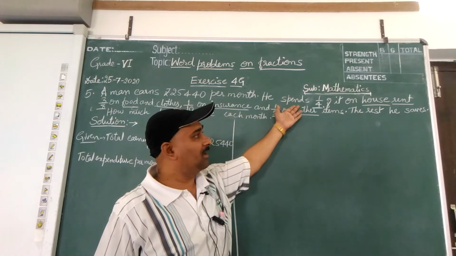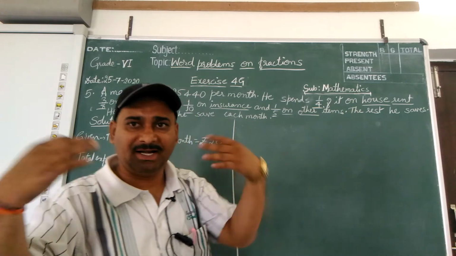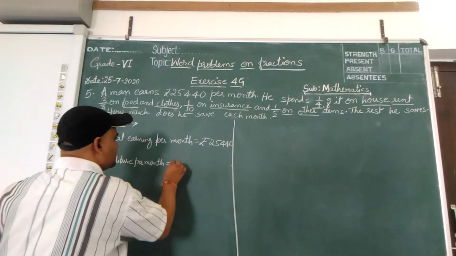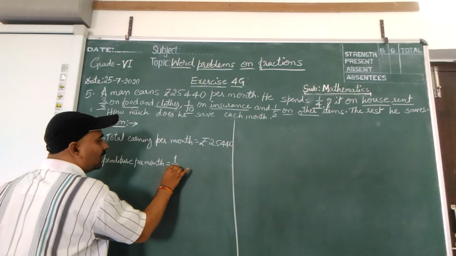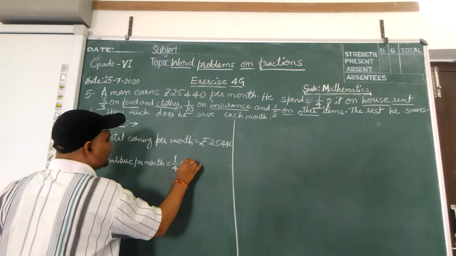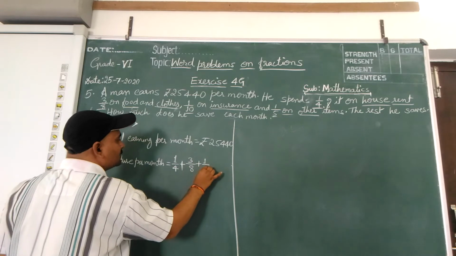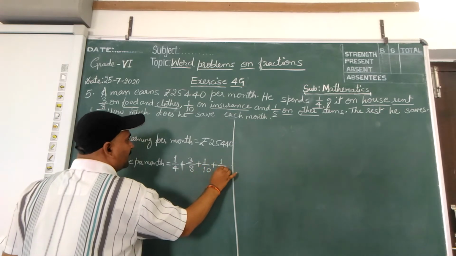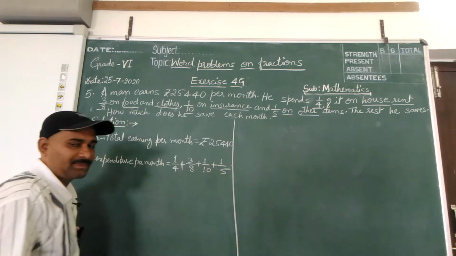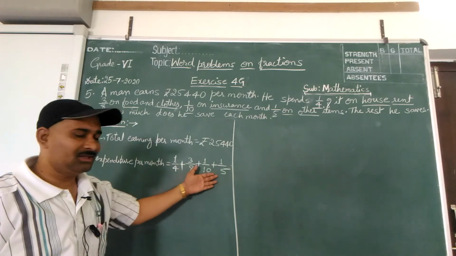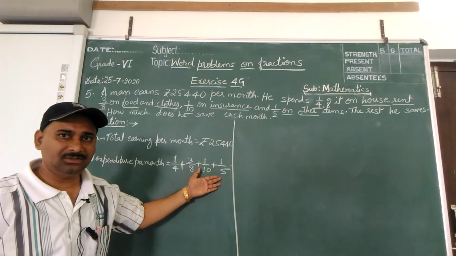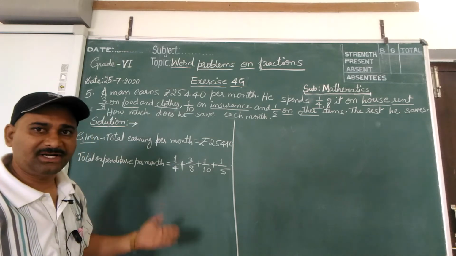Expenditure means spending. Add all the spending and you will get the total expenditure, that is 1/4 for house rent, plus 3/8 on food and clothes, 1/10 on insurance, 1/5 on other items. When you add all these amounts, you will get how much expenditure he is doing.